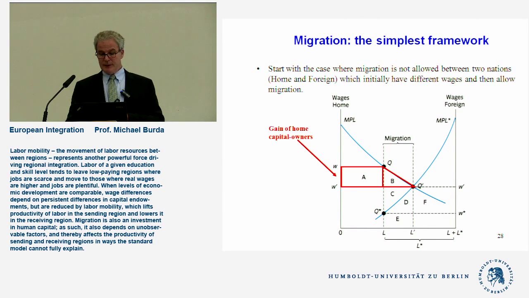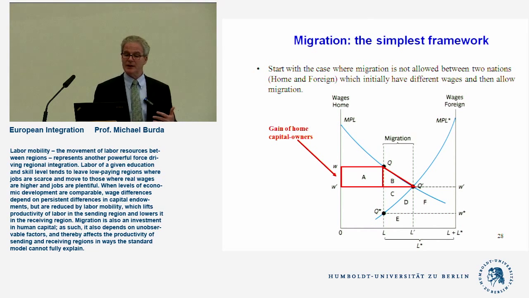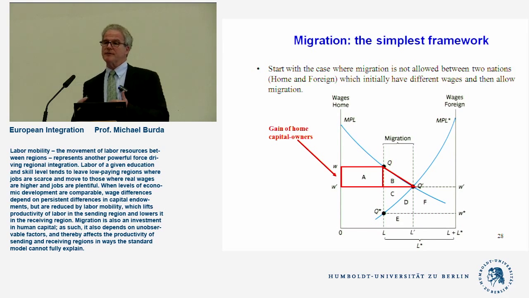Now, the gain to the capital owners, on the other hand, is substantial. So the winners in Finland are the owners of the firms that employ the migrants or employ more workers.